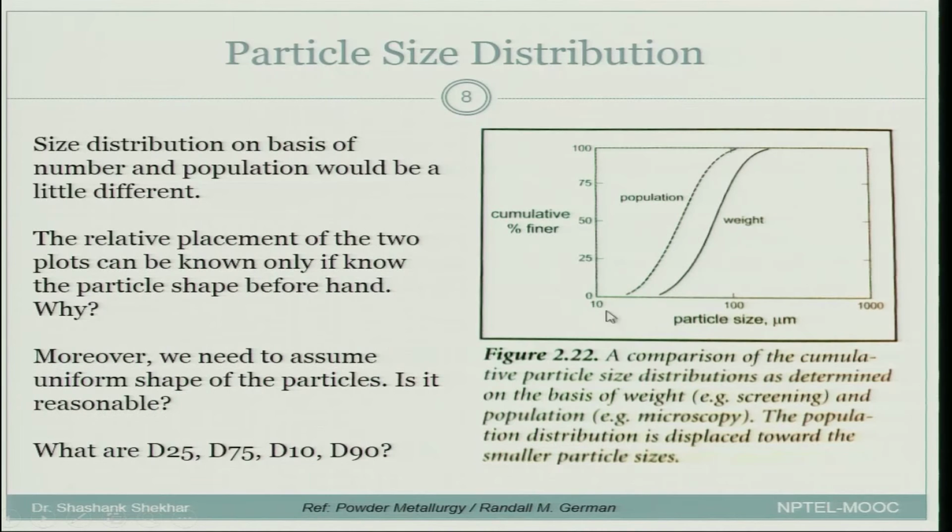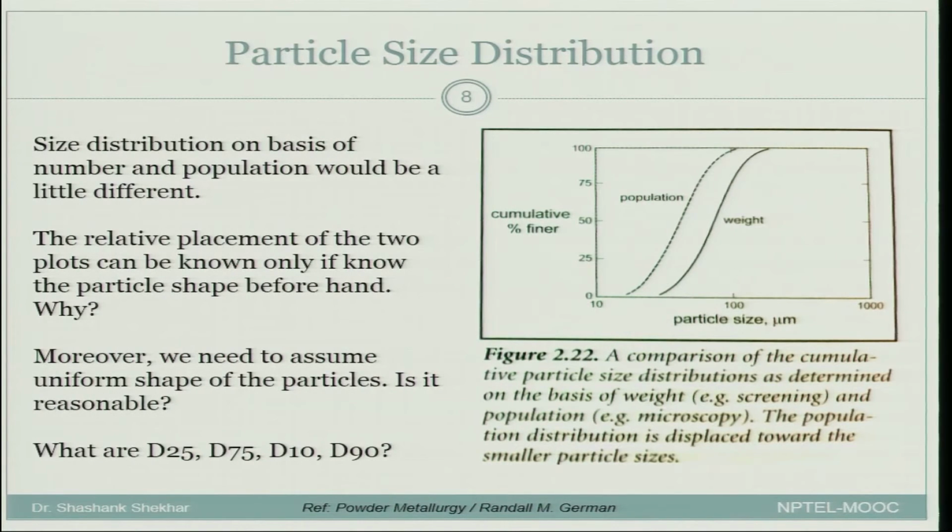That is what it is representing, and these two plots are for the same distribution, one on the basis of number and the other on the basis of weight. You have to keep that in mind, and these will be displaced. Now, the amount of displacement will depend on the particle shape. Why will it depend on the particle shape? Because we know the relation.